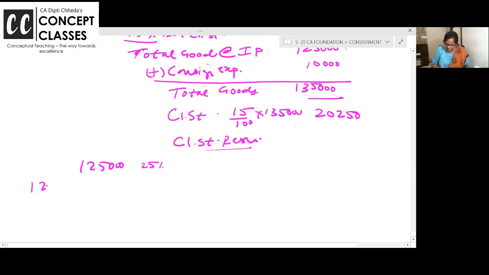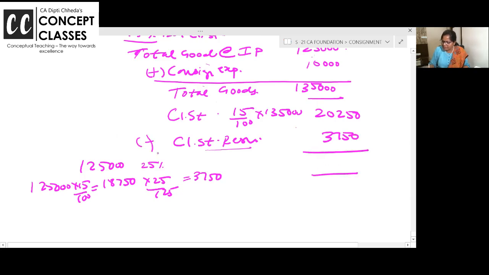So only 15% of 125 is left with you now. 18,750 into 25 divided by 125 will be the loading. 3750. 3750 closing stock reserve will be minus. So you will get closing stock at cost, though we don't need cost.